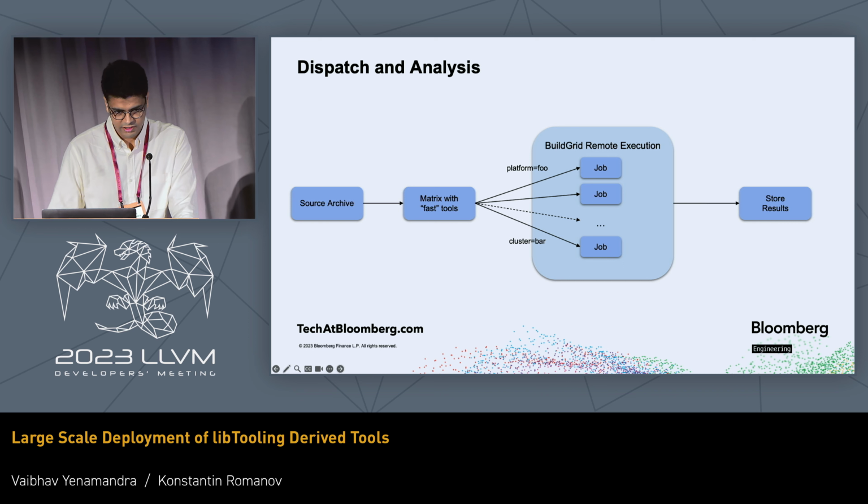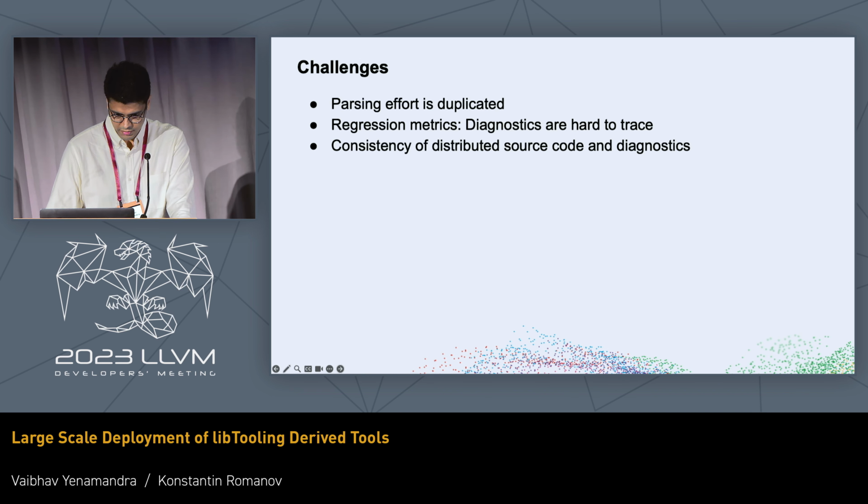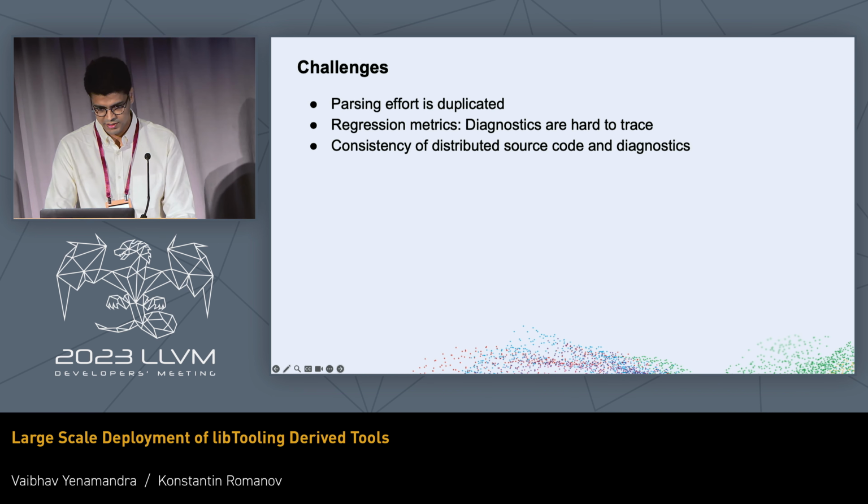So once all the analysis is done, we will take the diagnostics or anything else our tools emit, along with any files that are generated in the workspace, and then package them up.